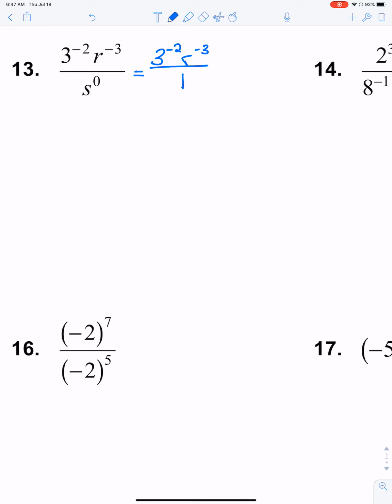Now I know I can't leave negative exponents in my expression, so 3 to the negative 2nd I'm going to bring down. R to the negative 3rd I'm also going to bring down. So it becomes 1 over 3 squared r to the 3rd, and 3 squared I know is 9, so 9 r to the 3rd.